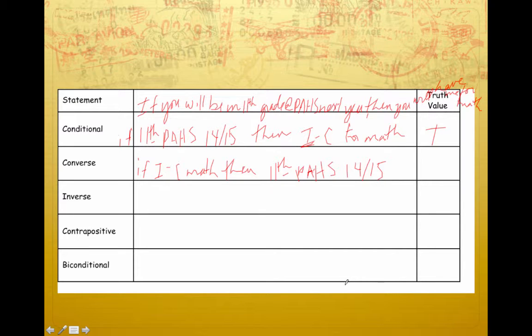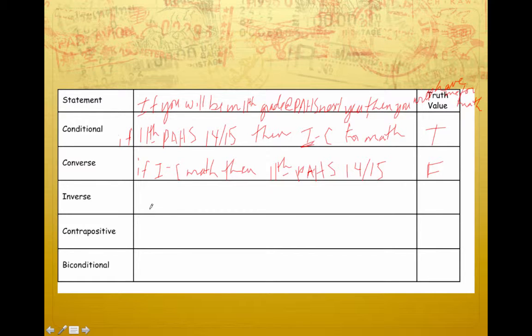I'm going to put this one as false because if this is true, it means that I would die before next summer because I will teach people after next year. So that one is false because you can be someone who's going to have me for math and not be someone who will be a 11th grader at Plano Academy High School next year.